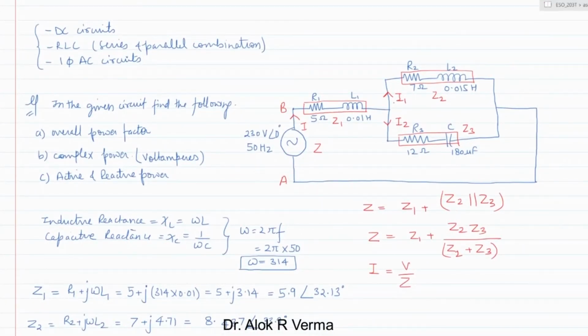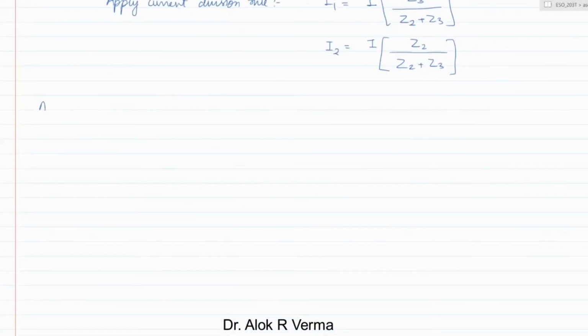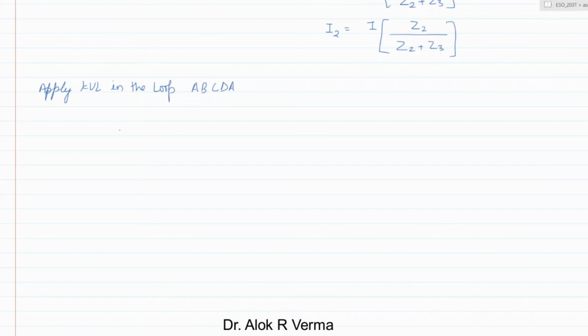Suppose we name the points C and D, and apply KVL in the bigger loop A, B, C, D. We can write the KVL as V minus V_BC minus V_CD is nothing but 0.